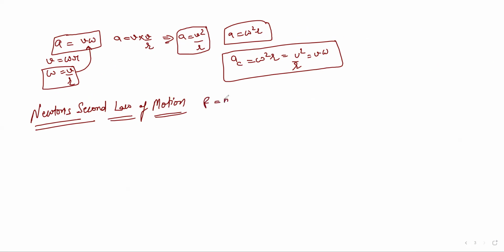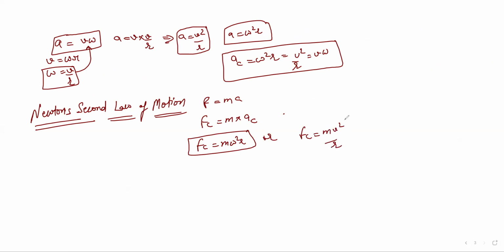F is equal to ma. So centripetal force will be mass times centripetal acceleration. So centripetal force is equal to m omega square r, or centripetal force is equal to mv square by r.